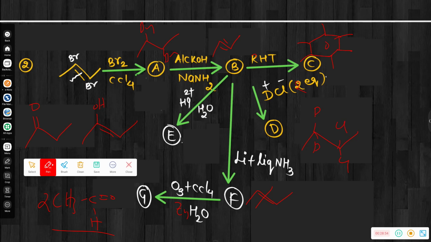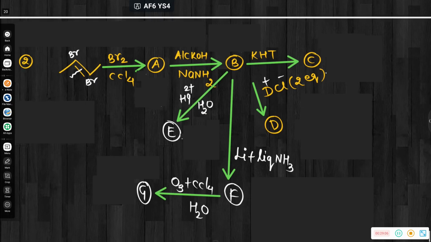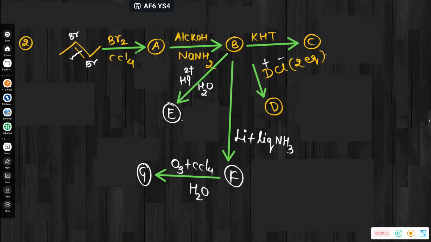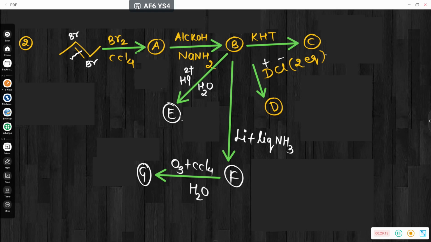Two equivalents, like gem. So in this, alkyne chemical properties are completed.